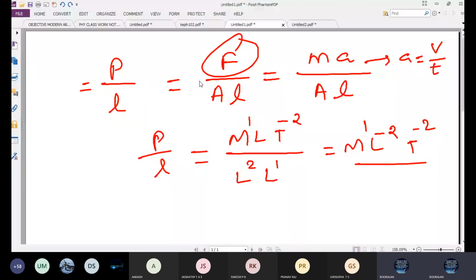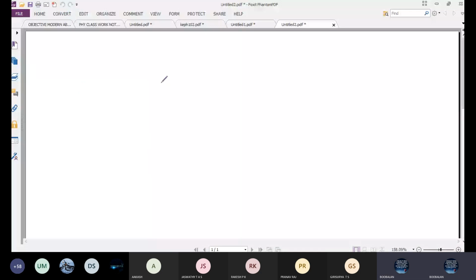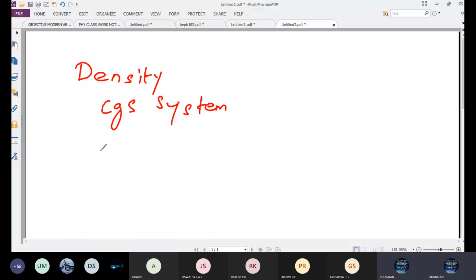The density of a material in the CGS system, centimeter gram second system, is 8 gram centimeter minus 3.